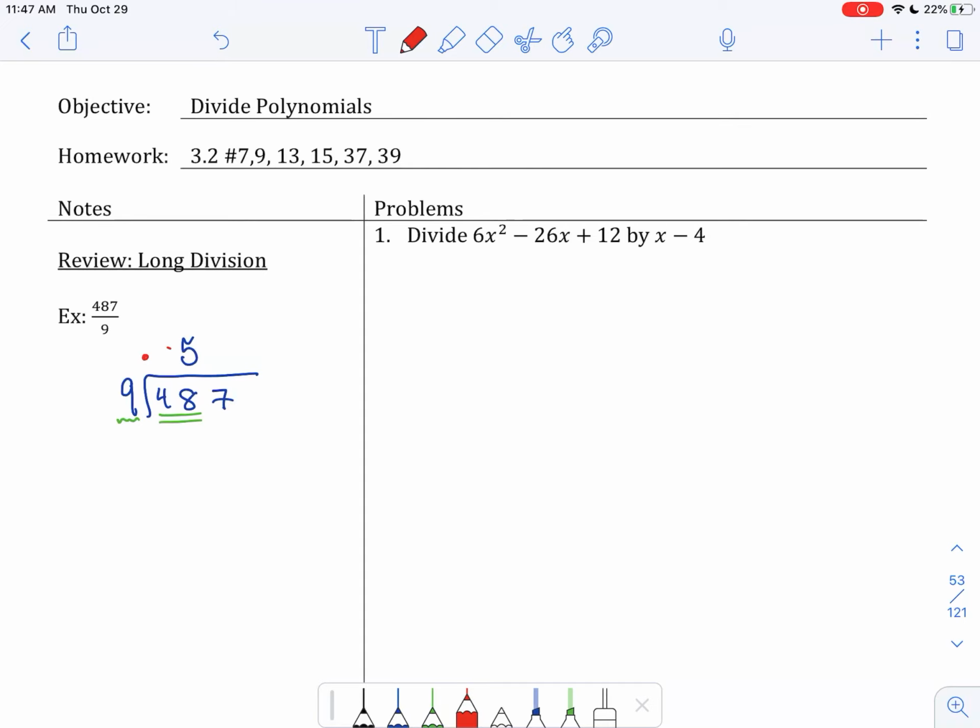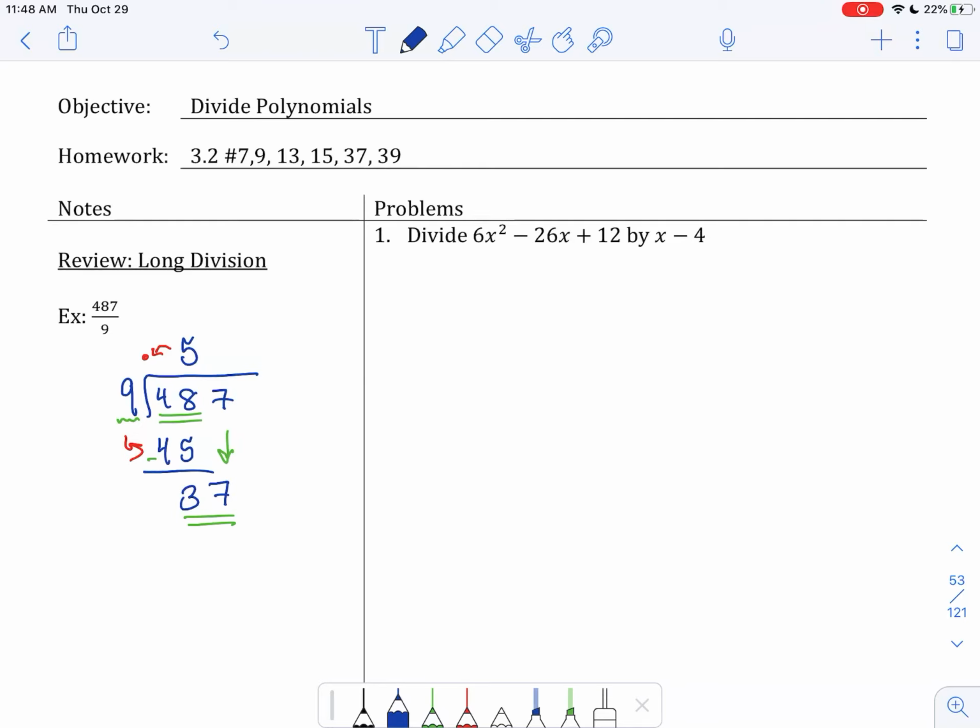And then we take that, we multiply it down with the 9 below, we get 45. Then we subtract. You end up with 3. We take down the 7. Then we ask ourselves, how many times does 9 go into 37?